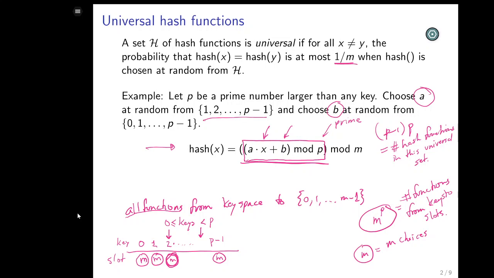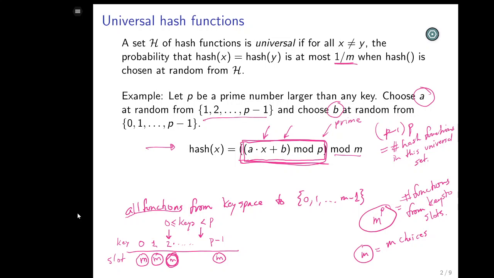So if I pick two different values, x and y, then I would get completely different values coming out of the box. They'd be totally different. But then I take it mod m. And the question is, when I take it mod m, does it preserve this property that it's equally likely to be any one of the numbers, meaning it has probability 1 out of m of colliding?